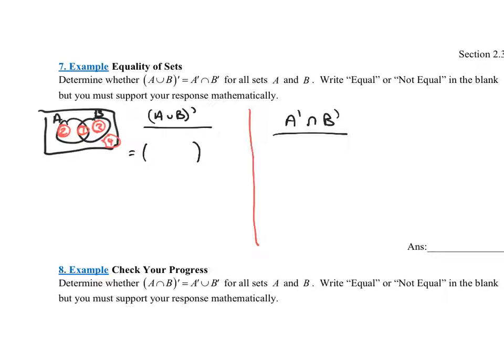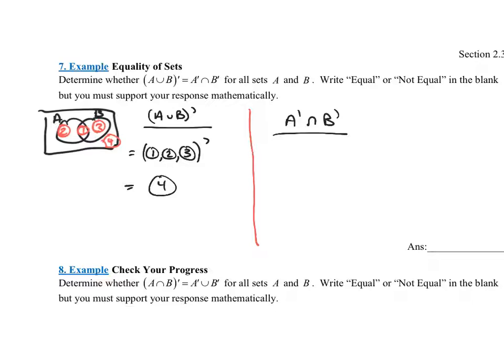Well, we already decided A union B is regions 1, 2, and 3. All three of those regions, right? But then we need the complement of that. So we need everything that is not in region 1, not in region 2, nor in region 3. It can't be in any of those regions. The only region left over is region 4. So (A union B) complement is talking about elements in region 4.